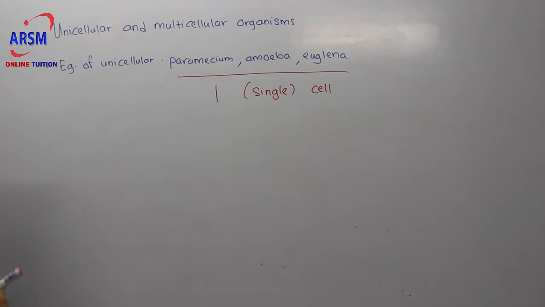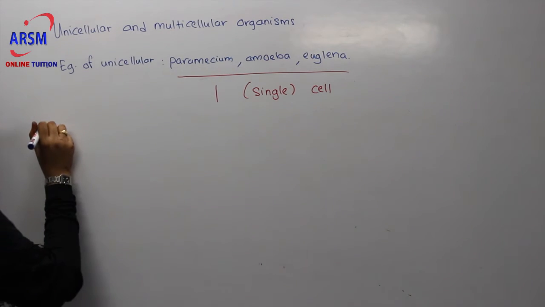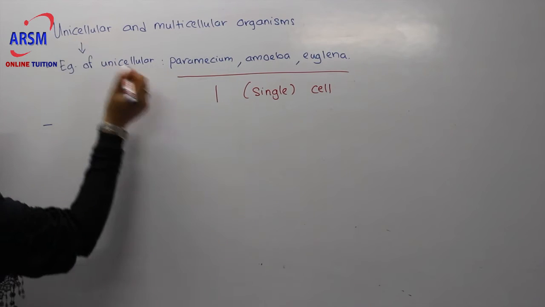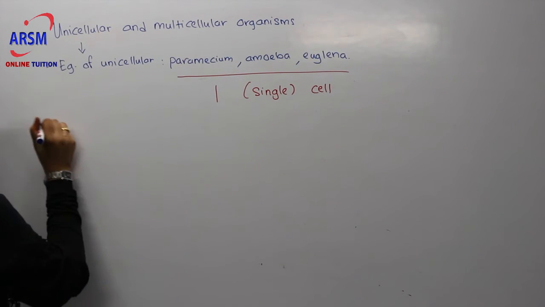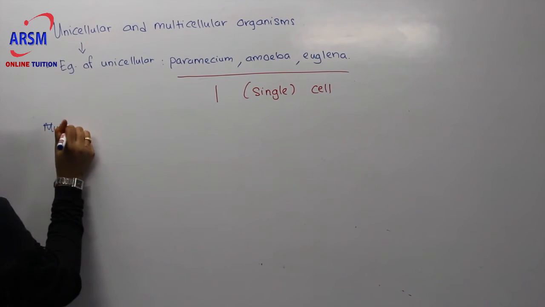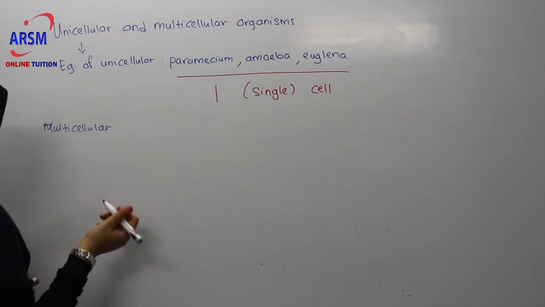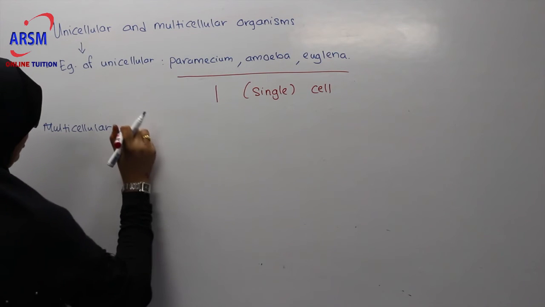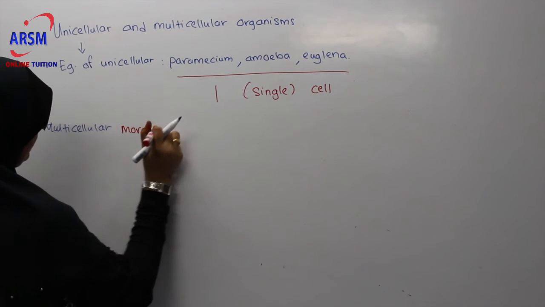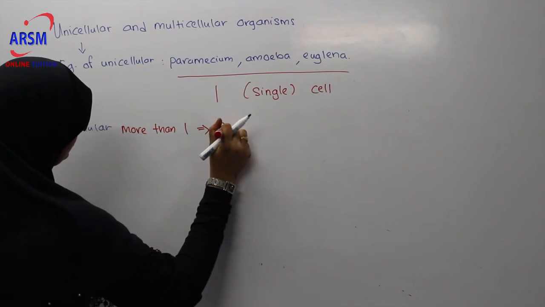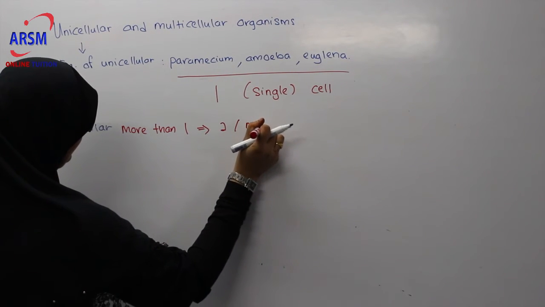Then multicellular organisms have more than one cell, which means two or more.